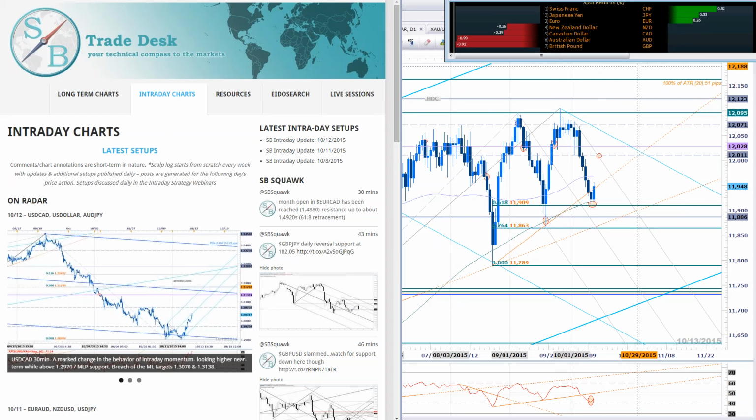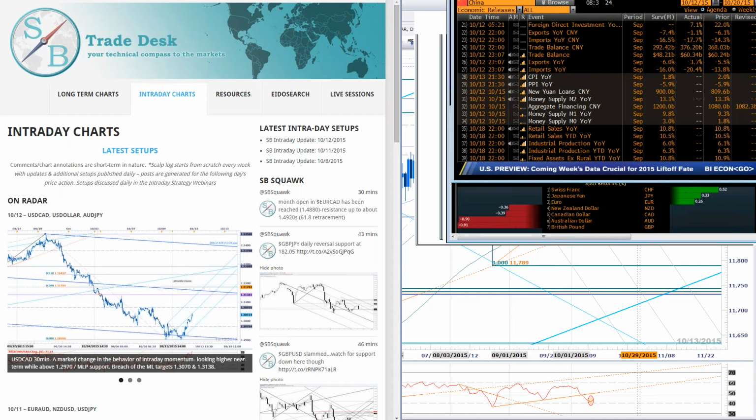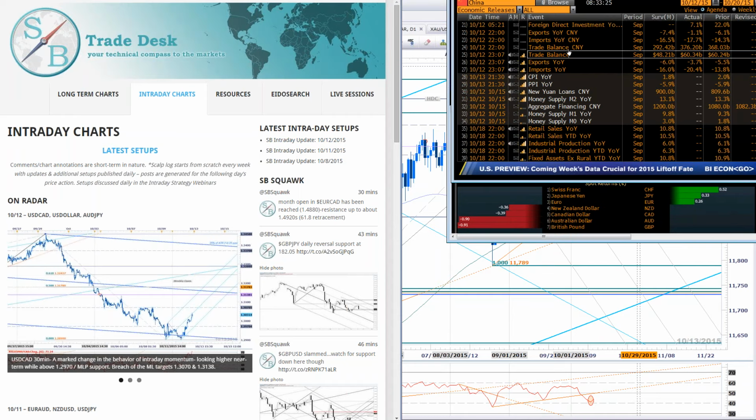So here's what the data looked like last night. While you did see exports top expectations, we were expecting a contraction of 7%, and only got a contraction of negative 1.1. Imports did show a bigger than expected drop. So while the surplus is bigger, certainly imports less is aggregate less demand.